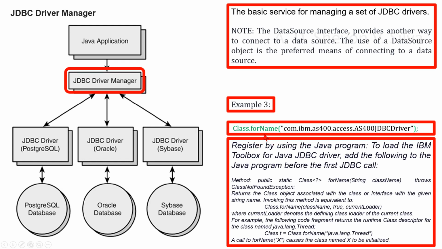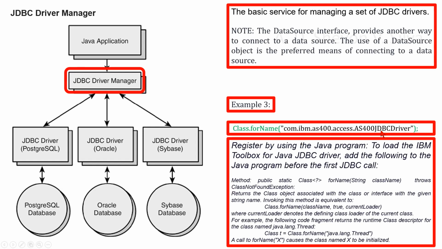Here is the method public static Class<?> forName(String className) throws ClassNotFoundException. This returns the Class object associated with the class or interface with the given string name.